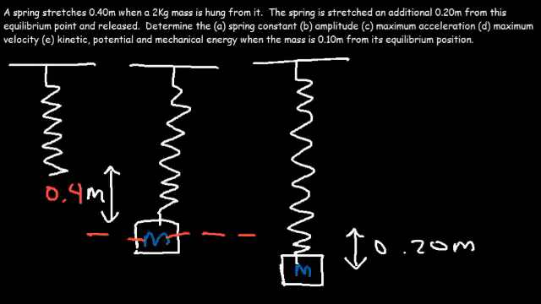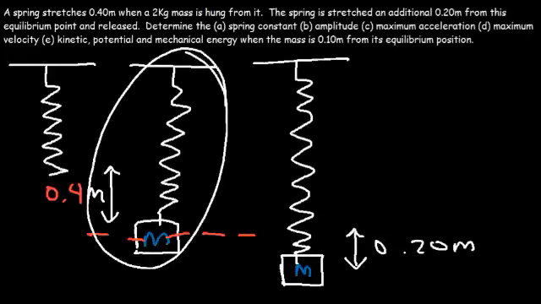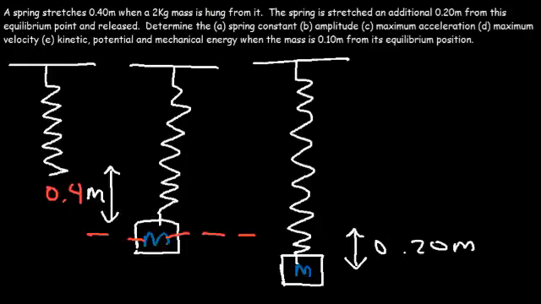So let's focus on the spring constant. We can use this picture to find the value of the spring constant. The applied force that stretches the spring from its original position is basically the weight force of the object, which is mg. The spring wants to go back to its original length.